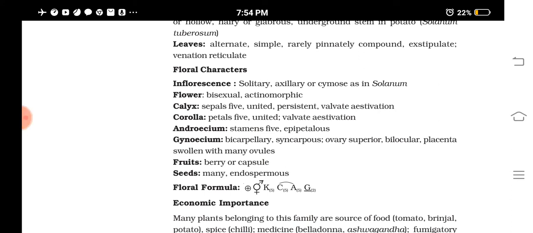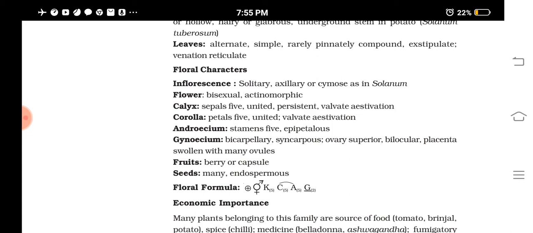Then the flower is bisexual and actinomorphic. Bisexual means both the female and male parts are there: androecium and gynoecium will be there in the flowers. Actinomorphic they are. Calyx: sepals are 5, and they are united. Have you seen the flower of brinjal or petunia?